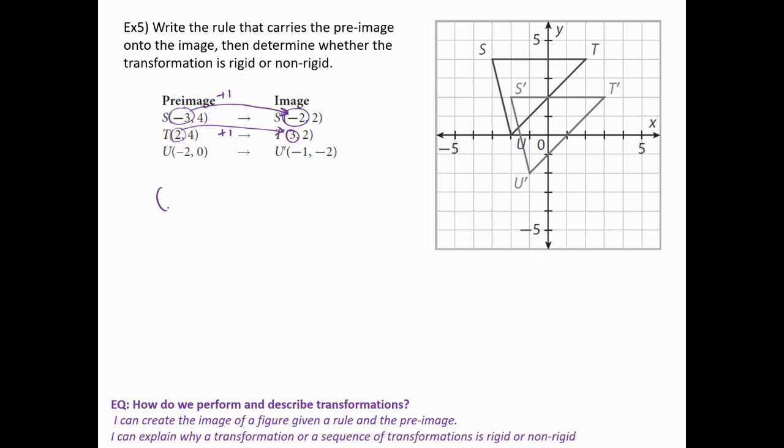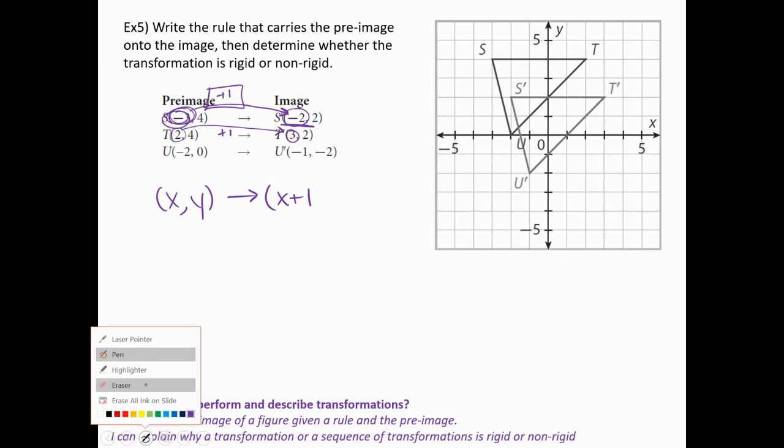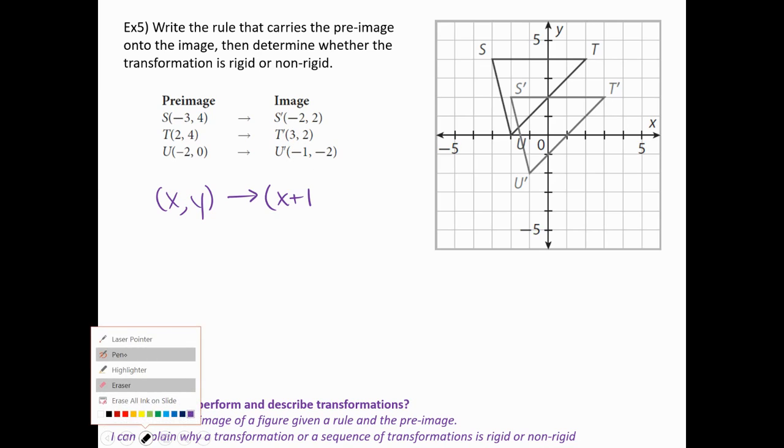So I can start writing my rule. (x, y) is going to become x plus 1 because I took my x value and I added the 1 to get the new answer. Okay, I'm going to get rid of some of my crazy markings here. Great. And now let's look at the y's.